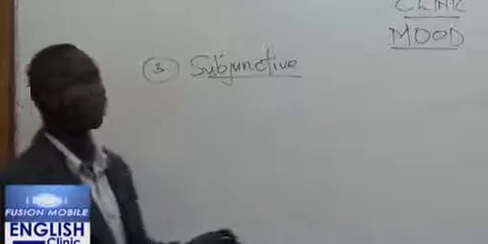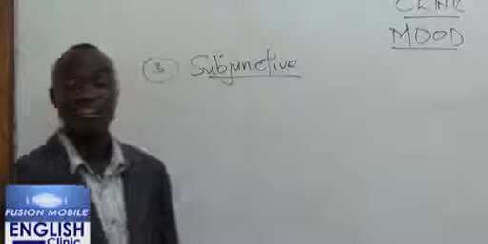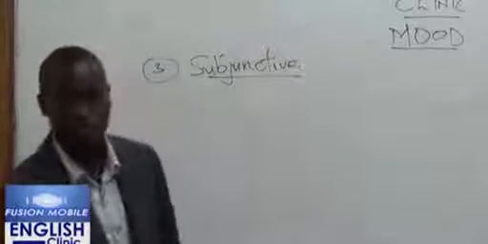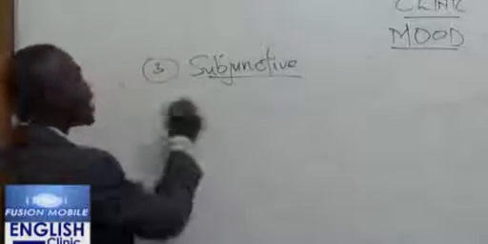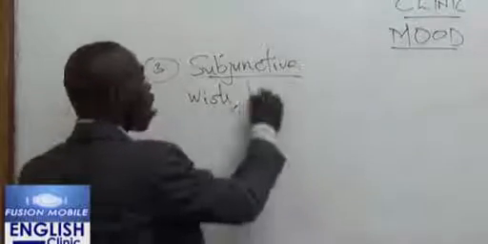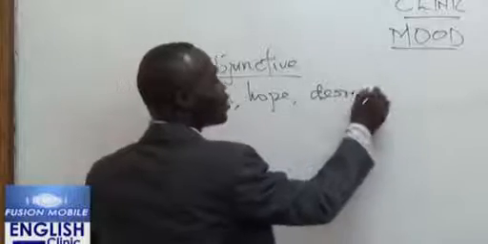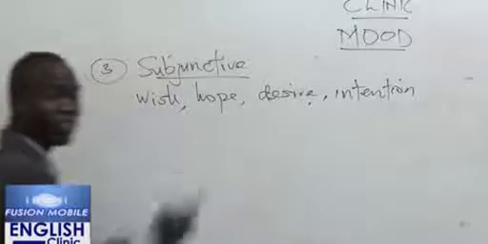Now, some of these subjunctives have actually disappeared from the modern English language, but we still have a few of them that we use every day. So when you look at this expression, they are normally used to express wishes, a hope, a desire, an intention, and so on and so forth.